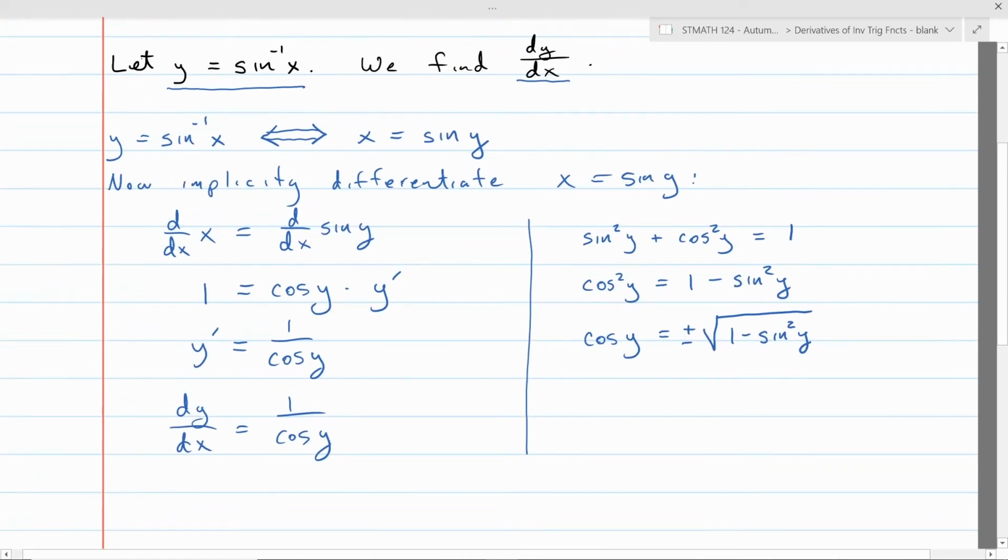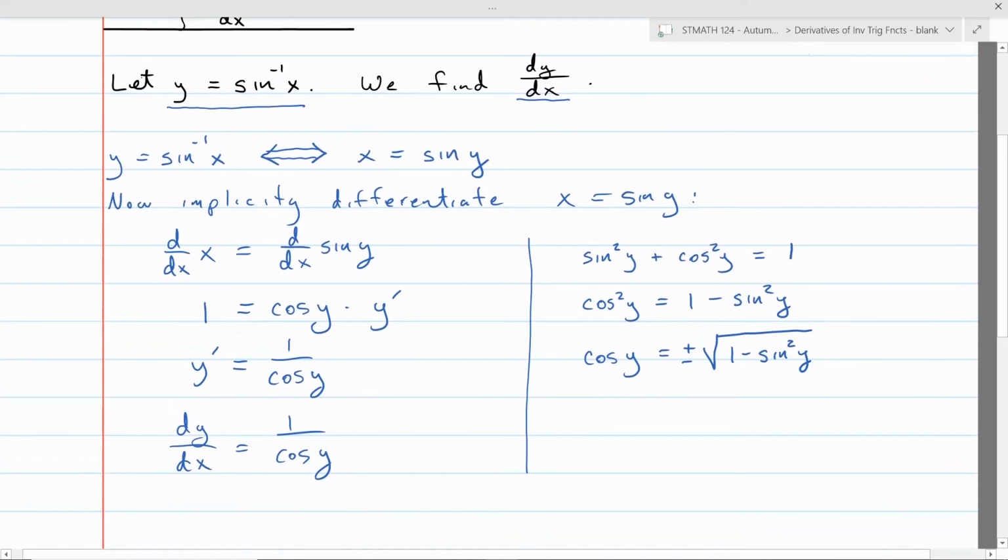Now I want to remind you of something. What's another name for sine of y? Well, if you look back at what we did earlier, sine of y can be expressed as x. So this becomes cosine of y equals plus or minus the square root of 1 minus x squared, on account of x being equal to sine of y.